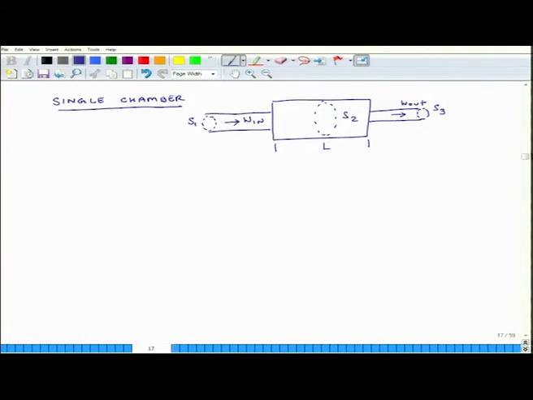Now, you can solve this problem based on whatever principles we discussed in the first part of this course, where we had discussed transmission line equations, because this is a one dimensional sound propagation problem.